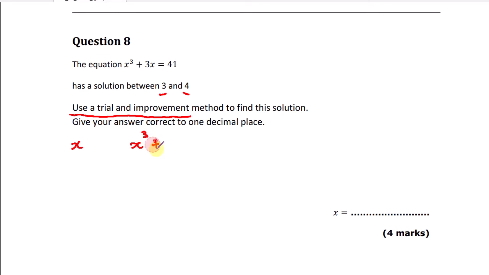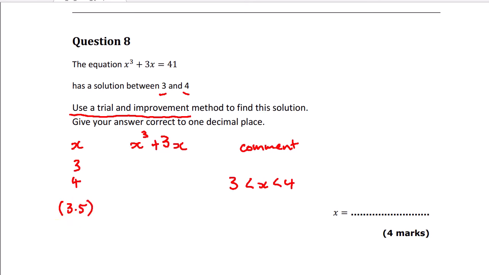The value to try and the comment. So 3 and 4, they've actually led to the comment that it's somewhere between 3 and 4. We don't have to know what these numbers are. You could go to 3.5. This is an optional value.